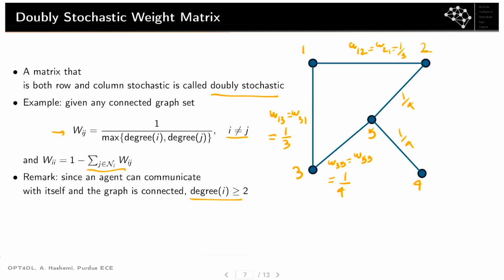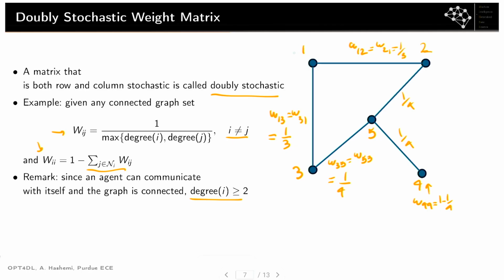So we calculated all of these non-zero, off-diagonal entries. For the diagonal entries, as we talked about, we use this formula. For instance, the diagonal entry, the weight that node 4 associates with itself, W44 will be just 1 minus 1 over 4.